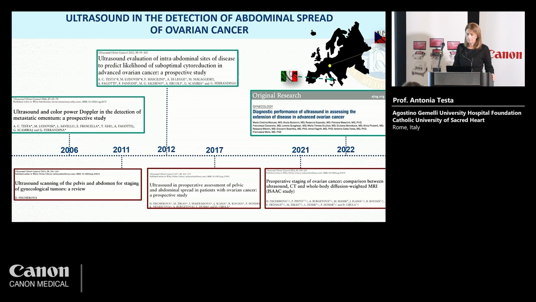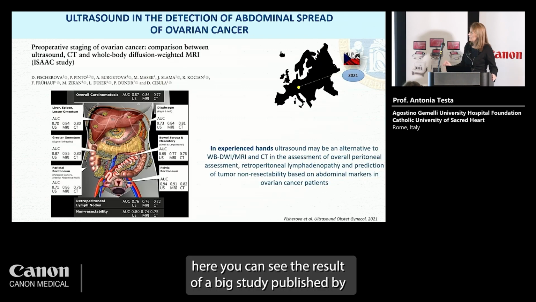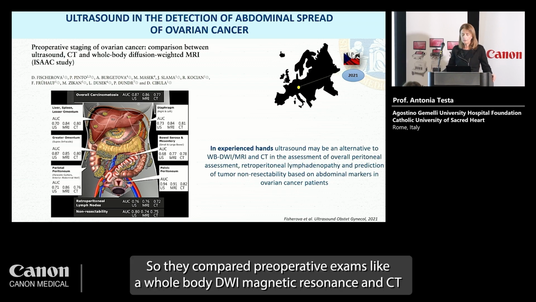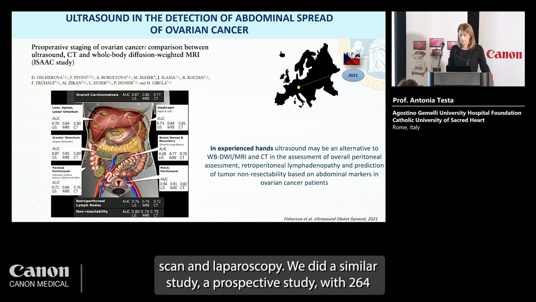And here you can see the result of a big study published by Daniela Fischerova under the name of ISUOG study. So they compared preoperative exams like whole body DWI magnetic resonance, CT scan, and laparoscopy.